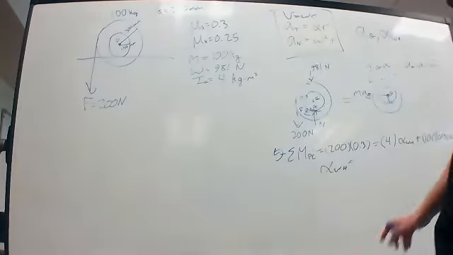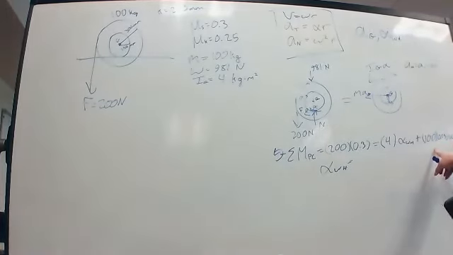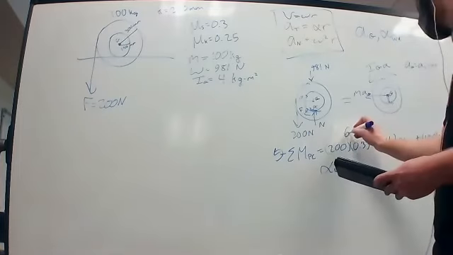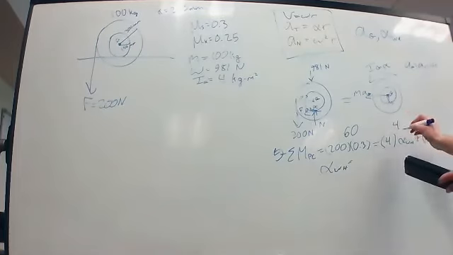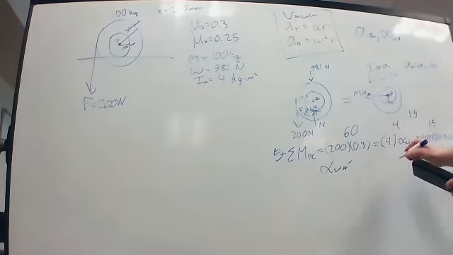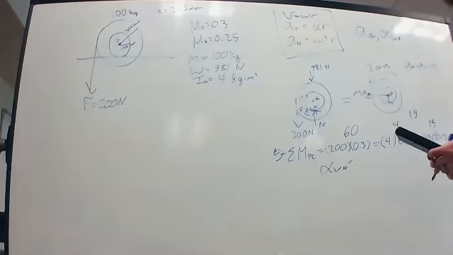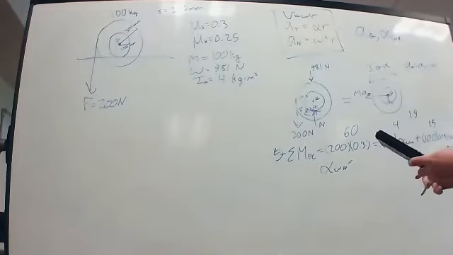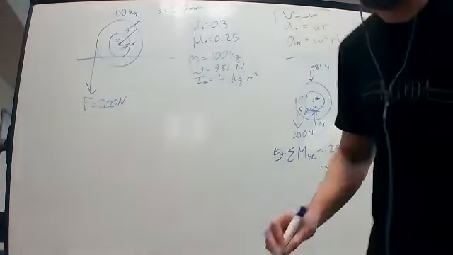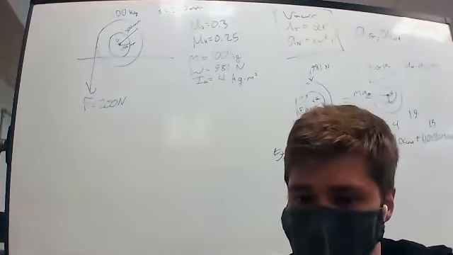Oh, never mind. Yeah, that's just the mass. So this is 60, that's 4, and 100 times 0.15 is 15. So that's 19, 60 divided by 19. So that would mean that alpha is 3.16, but that's not what they have. So there must be a reason they do it the way that they do.